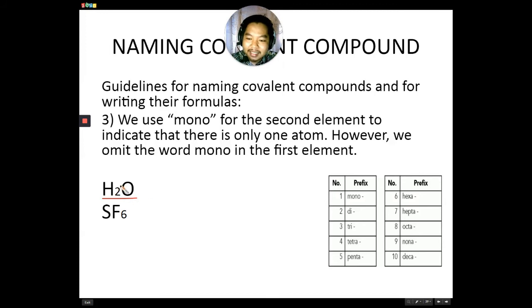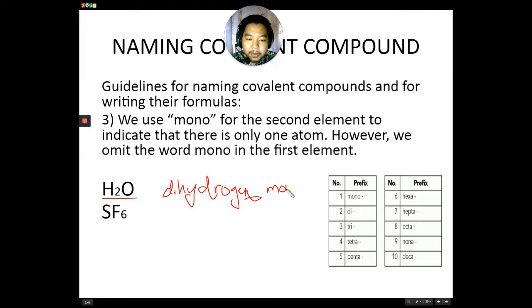So again, let's try this one. We have 2 hydrogens, so we use di. So this becomes dihydrogen. And I only have 1 oxygen, so this becomes mono.